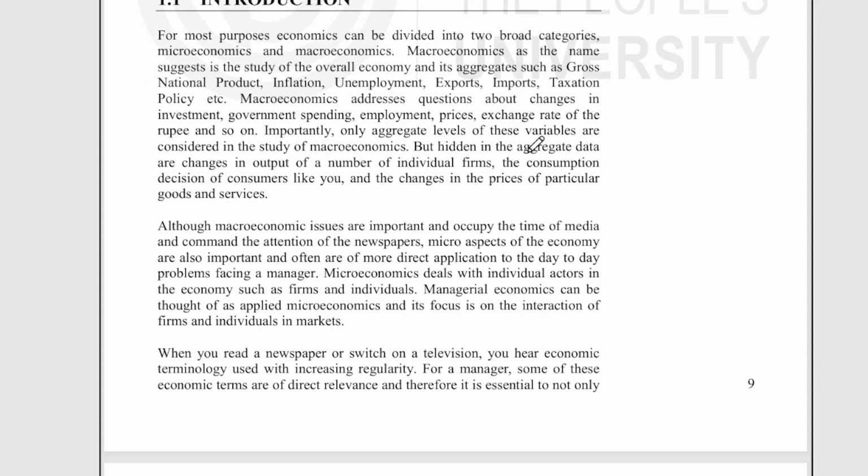And importantly, only aggregate levels of these variables are considered in the study of macroeconomics, but hidden in the aggregate data are changes in output of a number of individual firms, the consumption decisions of consumers like you, and the changes in the price of particular goods and services.